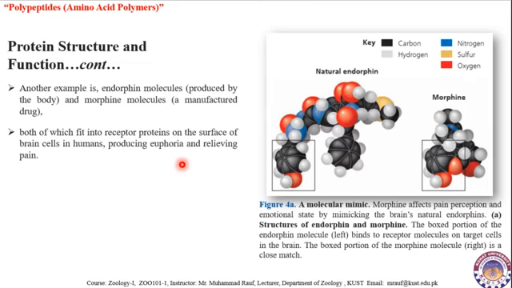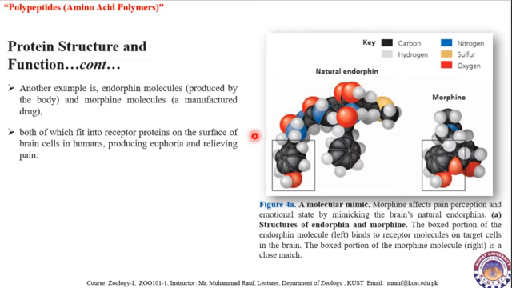So how does a synthetic or a natural agent synthesized outside the body induce an effect which is caused by molecules produced inside the body? How does an exogenous molecule induce an effect in the body which is attributed to some endogenous molecules? It is because of the similarity in the shapes.